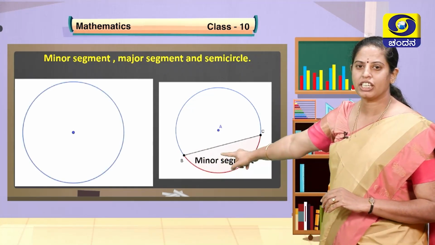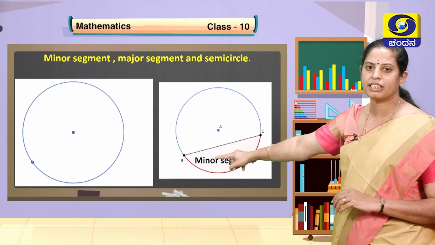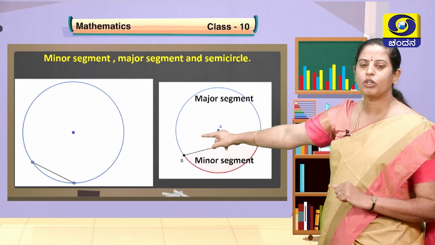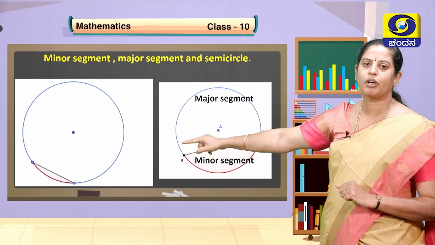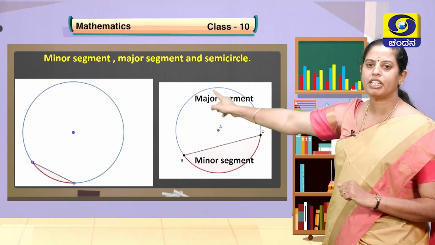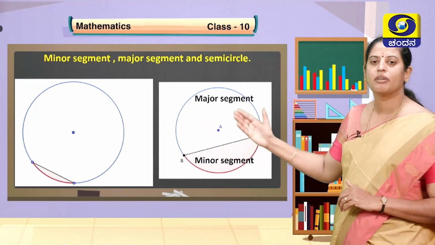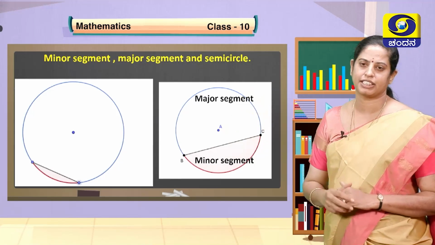Observe, this shaded portion is bounded by a chord and minor arc, it is minor segment. This portion of the circle is bounded by chord and major arc, this is called major segment. It is very easy to find the major segment because always the center lies in the major segment.